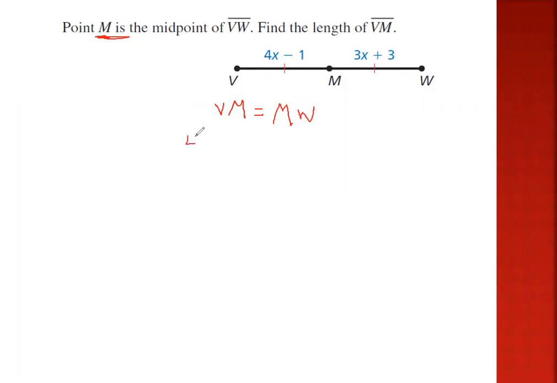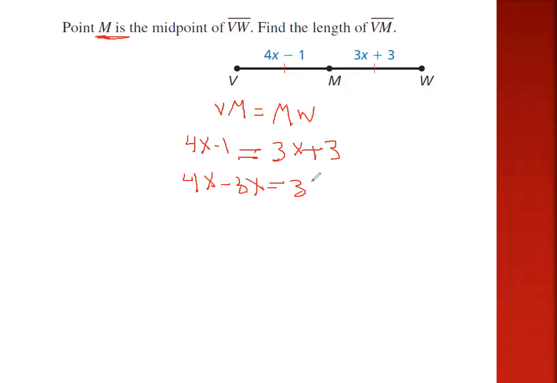So we have 4x minus 1 equal to 3x plus 3. Now we have variables on both sides, so we have to combine them. It will be 4x minus 3x, and we transfer 1 to the opposite side.